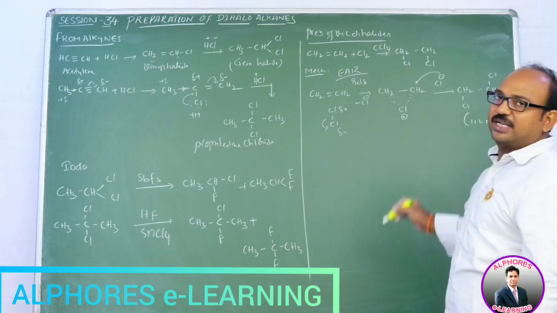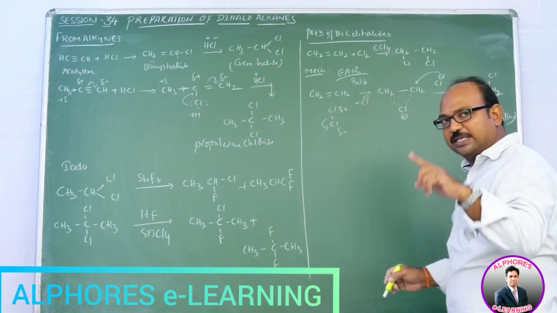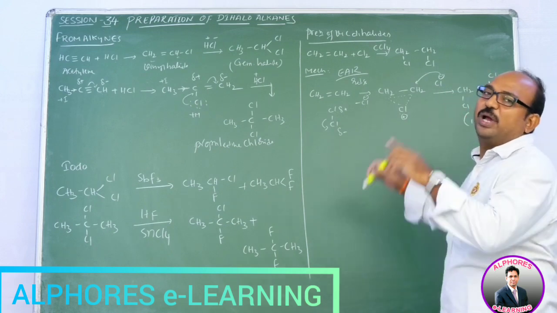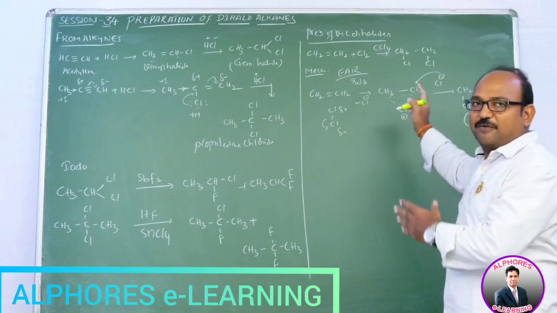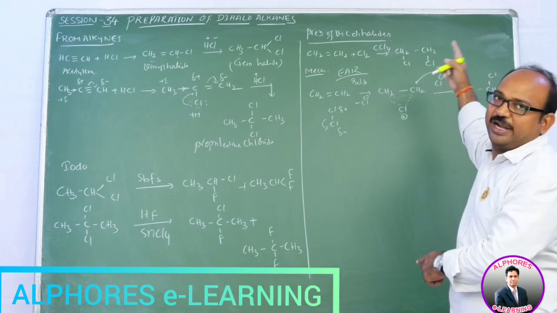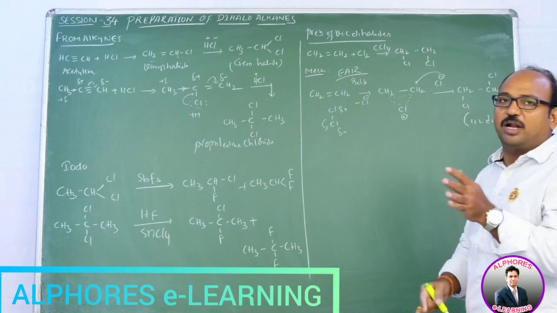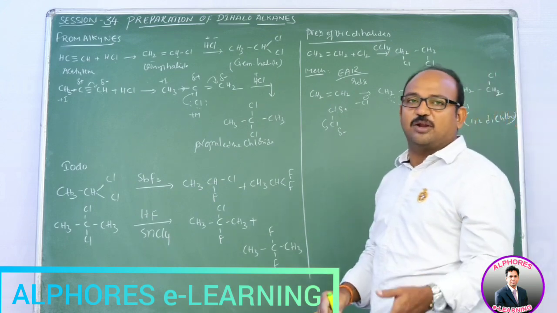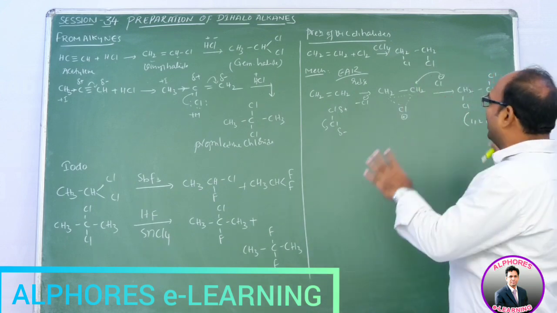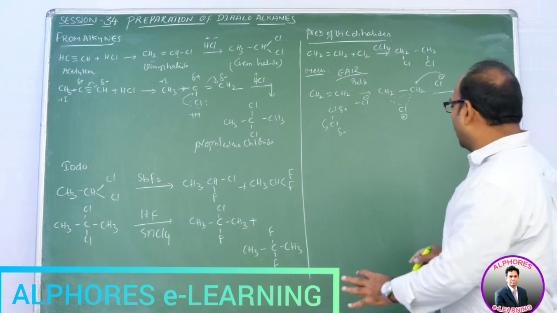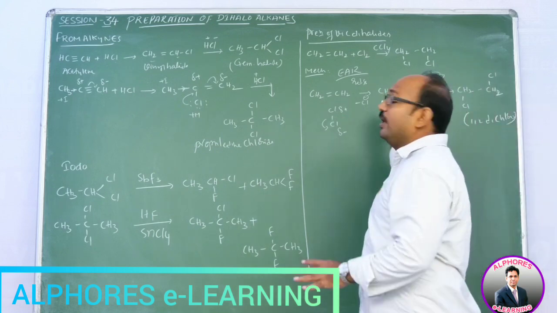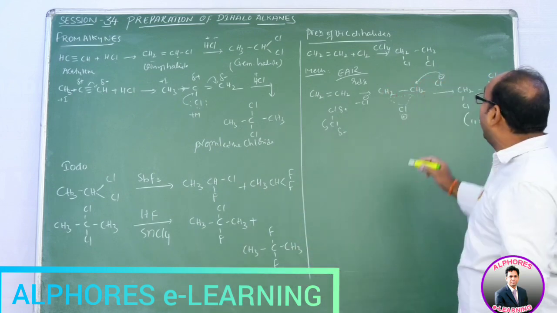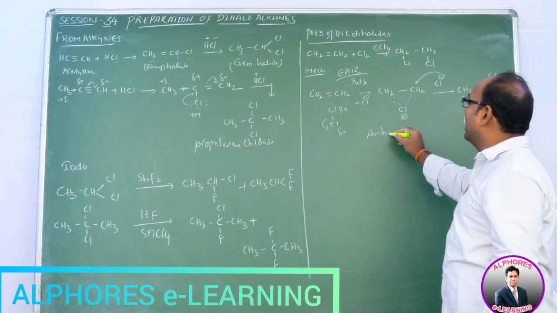Because the electrophile participates in the rate determining step, we call it electrophilic addition. After that the nucleophile Cl minus also adds, but it does not take part in the rate law, so we do not mention it. Simply this is called electrophilic addition reaction. And this addition is what we call anti-addition.